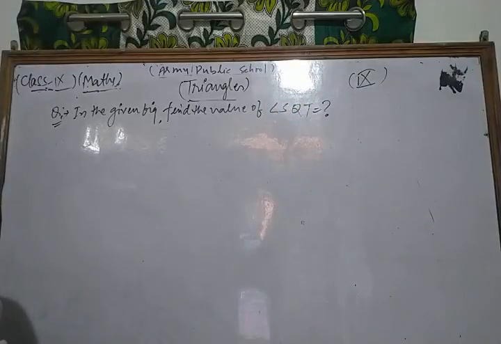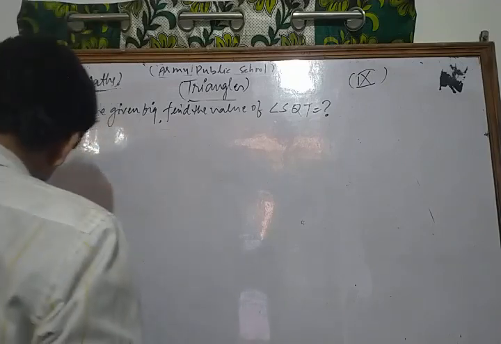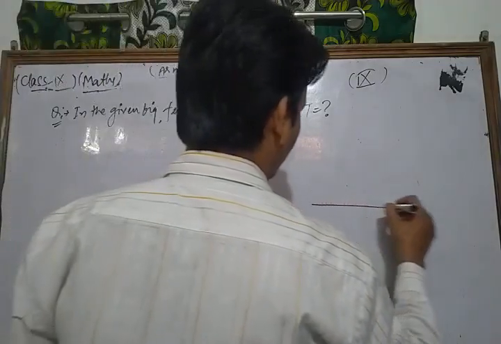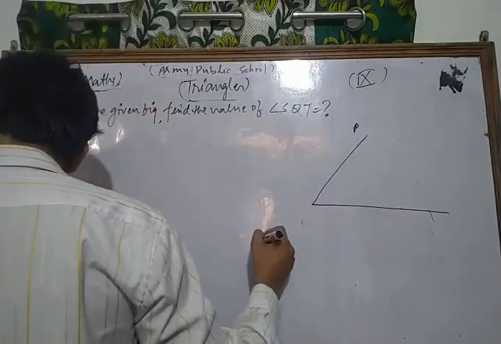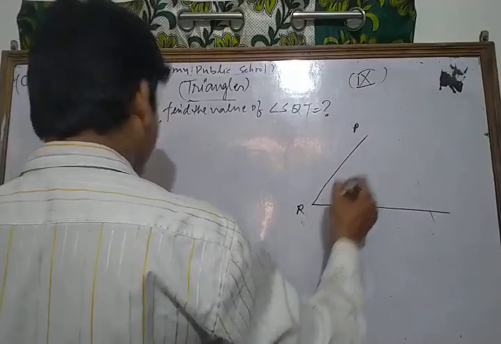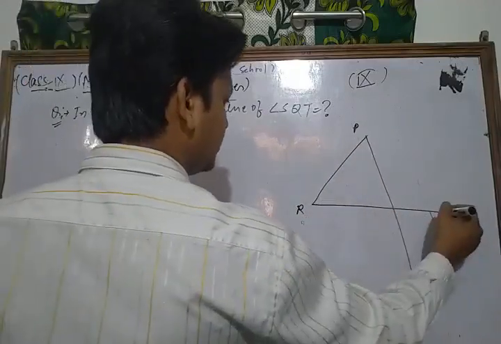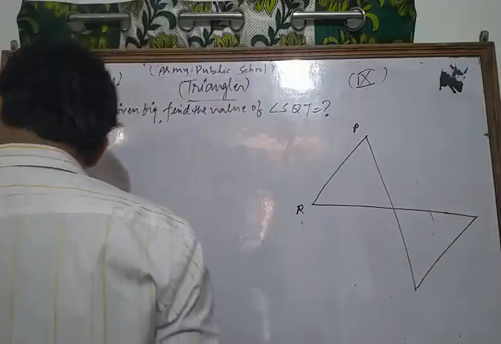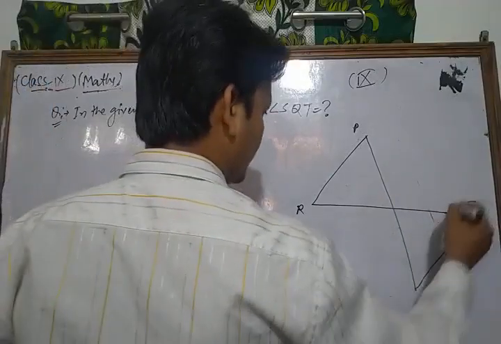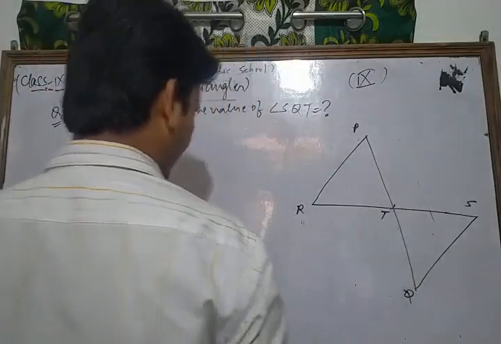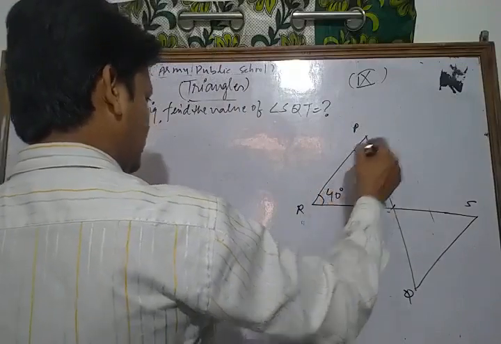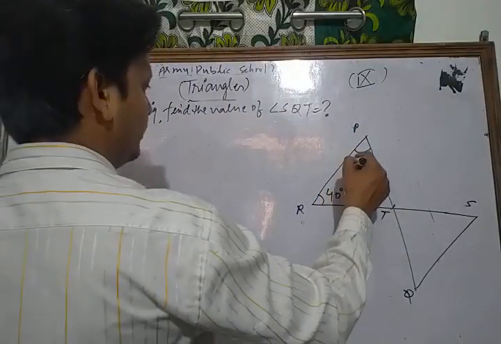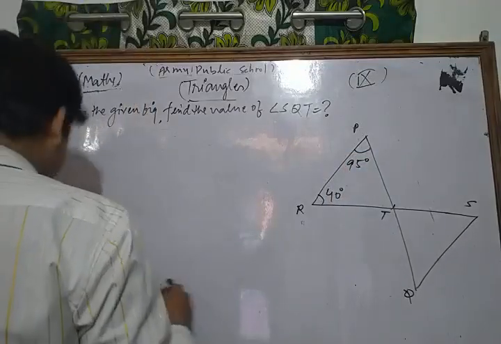And your figure is this: P, R, S, Q, T, and this is 40, this is 95, and this is 75.